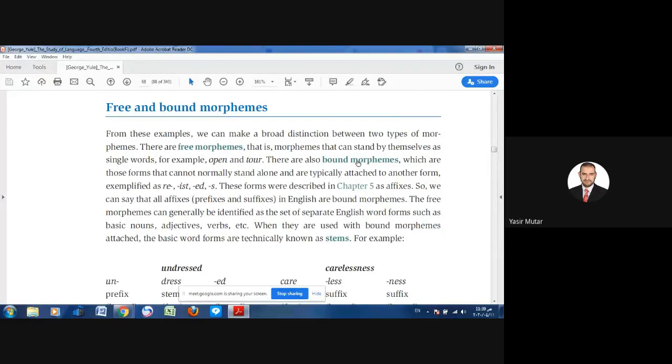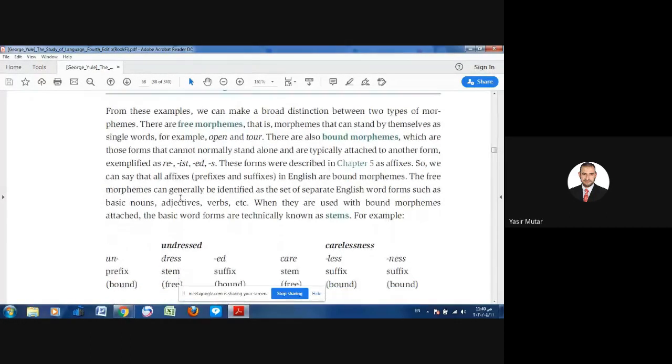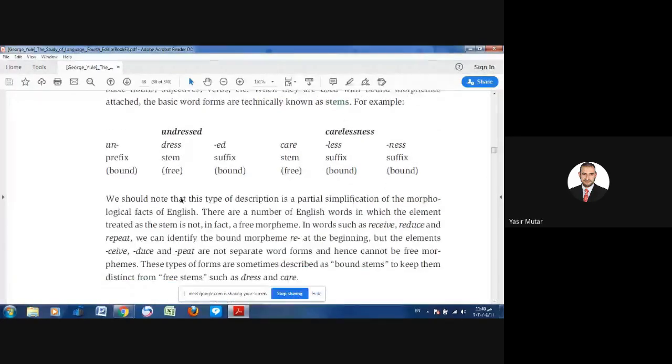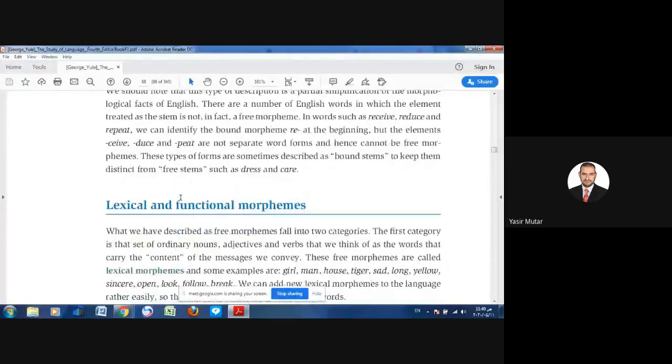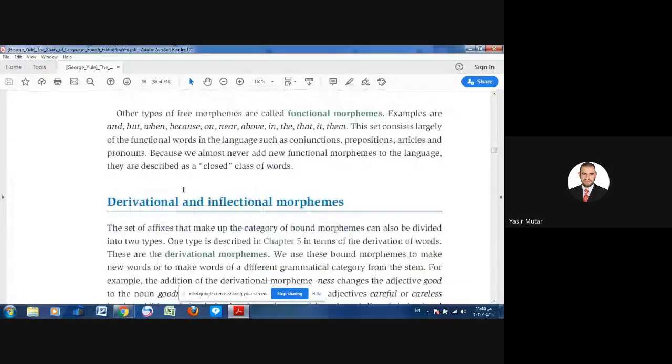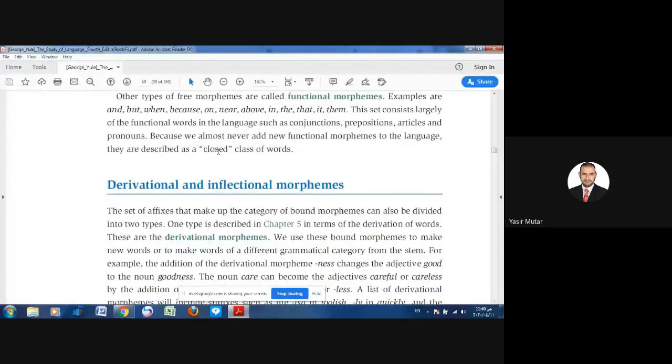Okay, bound morphemes are subclassified into derivational and inflectional morphemes.